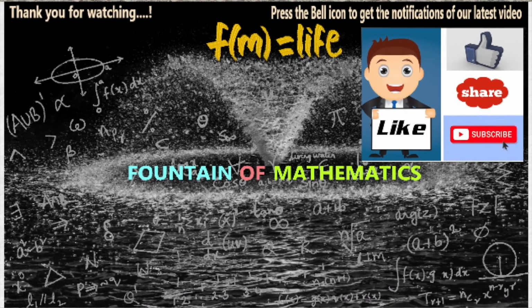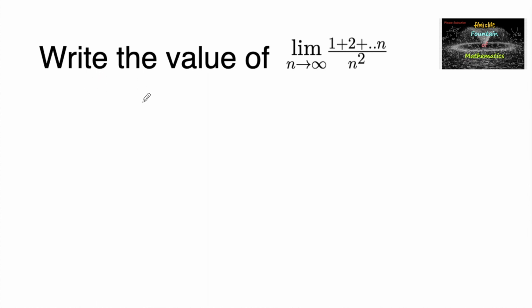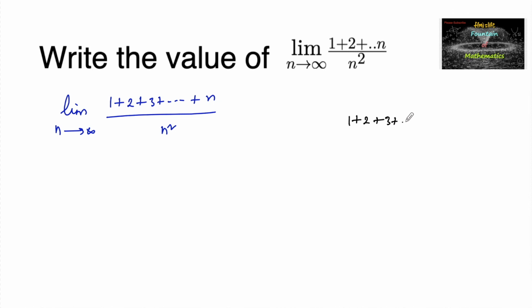Write the value of limit n tends to infinity, (1 plus 2 plus 3 plus and so on up to n) upon n square. Since we know that sum of first n natural numbers 1 plus 2 plus 3 plus and so on up to n is equal to n into (n plus 1) by 2.